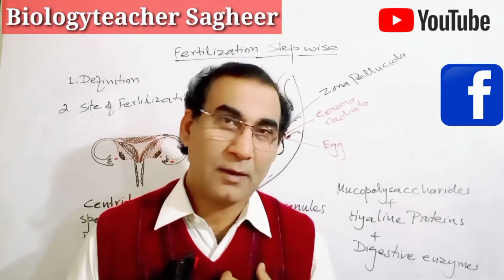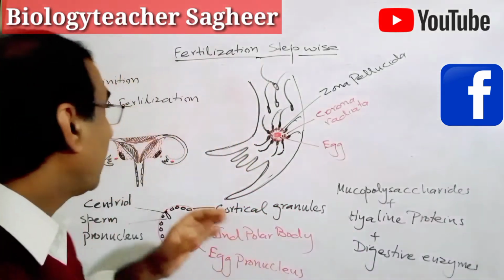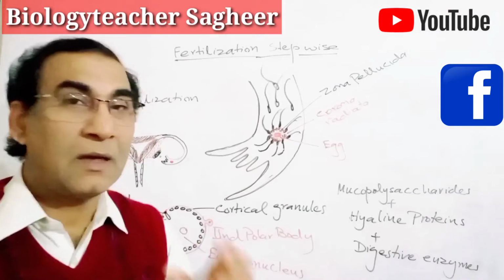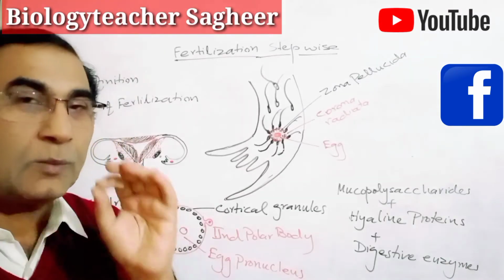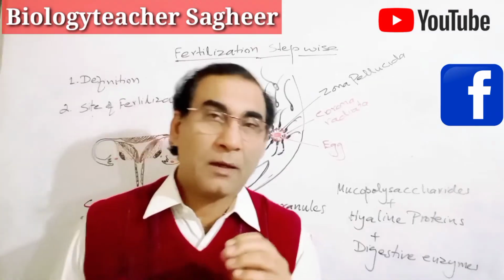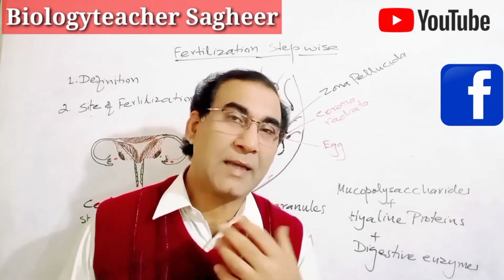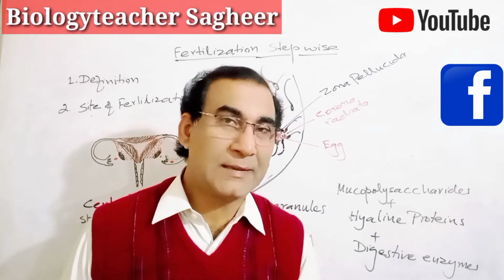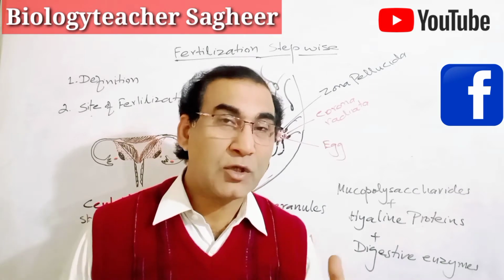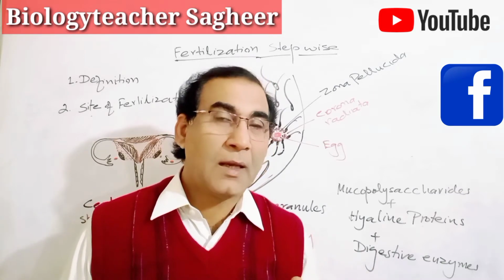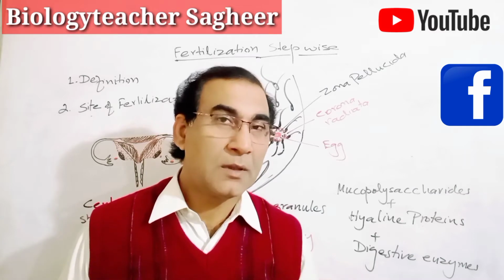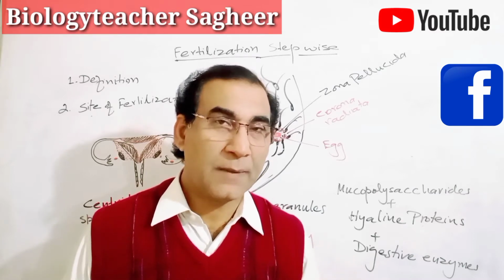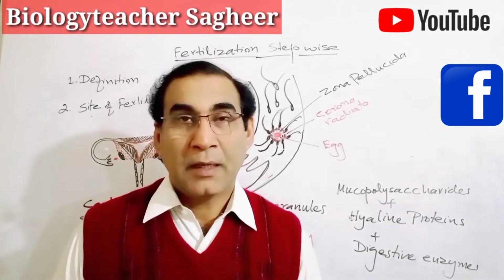So here is the sense: the sperm is a motile cell, a motile gamete, and the ovum is sessile. Ovum is larger in size, sperm is smaller in size. Ovum has a large amount of cytoplasm, and the sperm has very little cytoplasm.